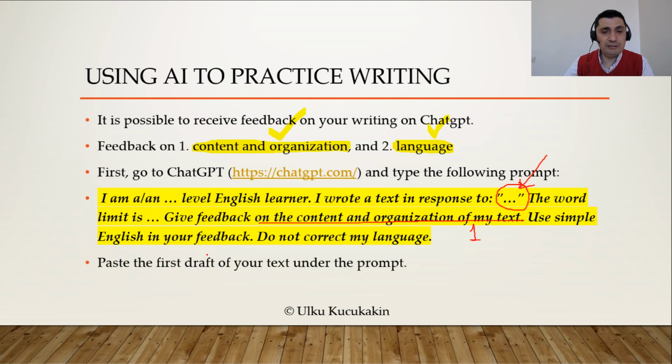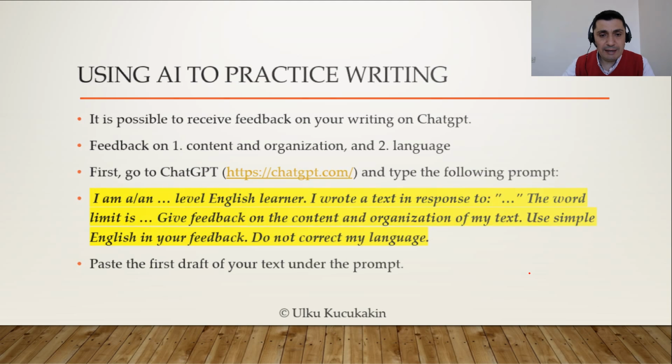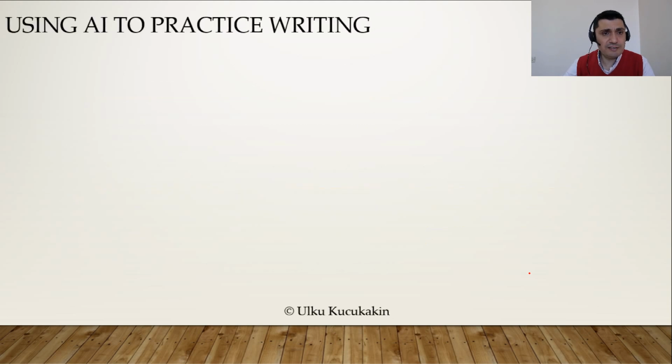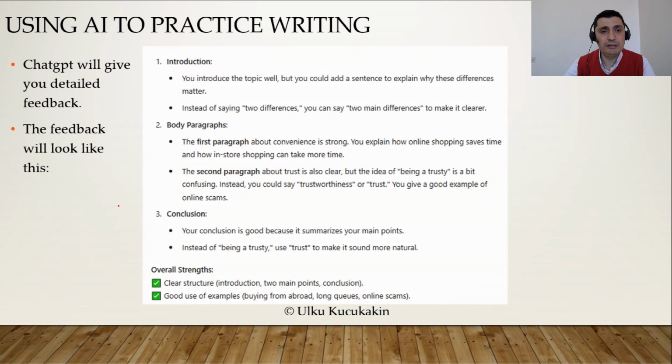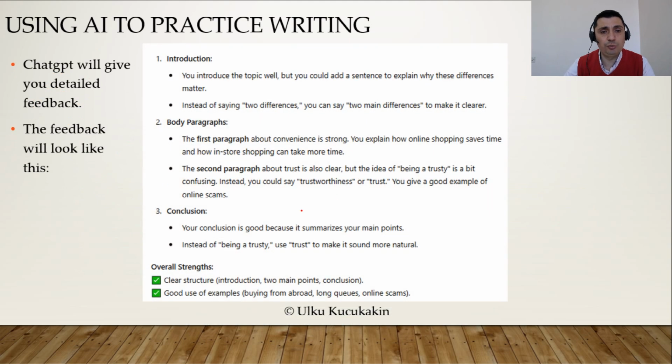And under this prompt, you paste the first draft of your text, okay? And at this point, ChatGPT will give you detailed feedback. And the feedback will look like this, all right? So this is the feedback that you will receive. This is just an example, all right?